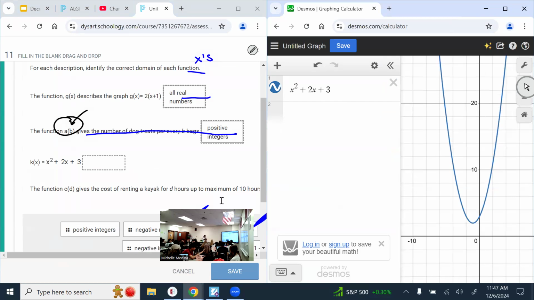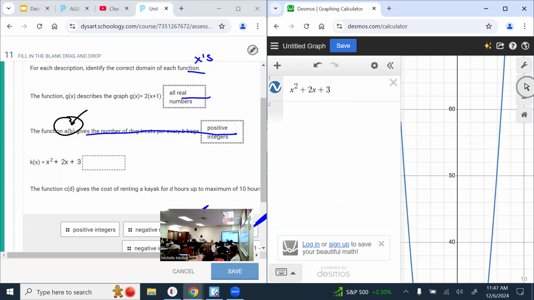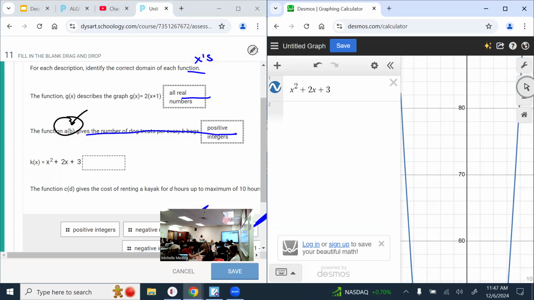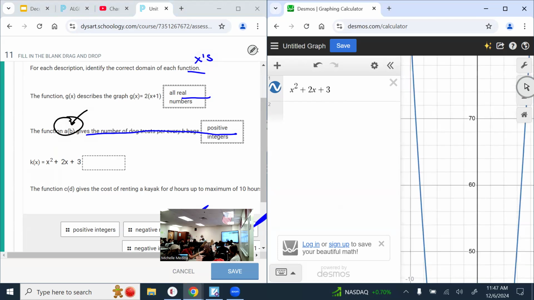We're talking about the domain, so we should be seeing if it goes infinitely left or right. But look what happens as I go up on the graph. It's getting wider. So will it go infinitely left and right? Yes, it's adding more x's in the positive side and negative side. So if there's no limit, again, what is it? Good.